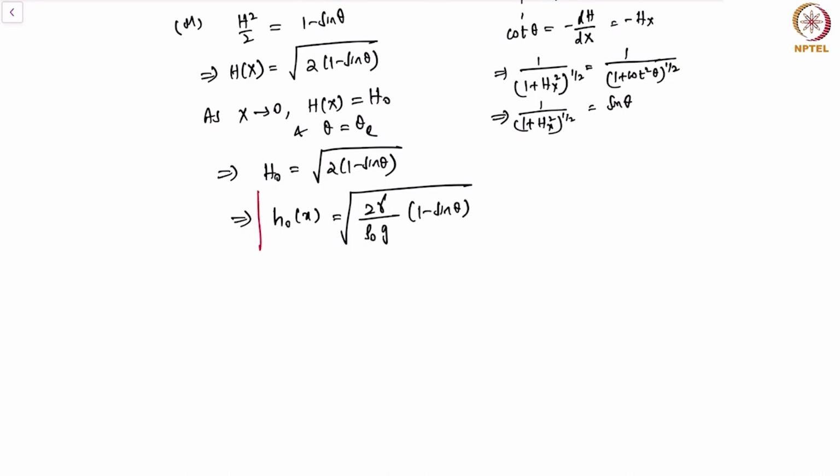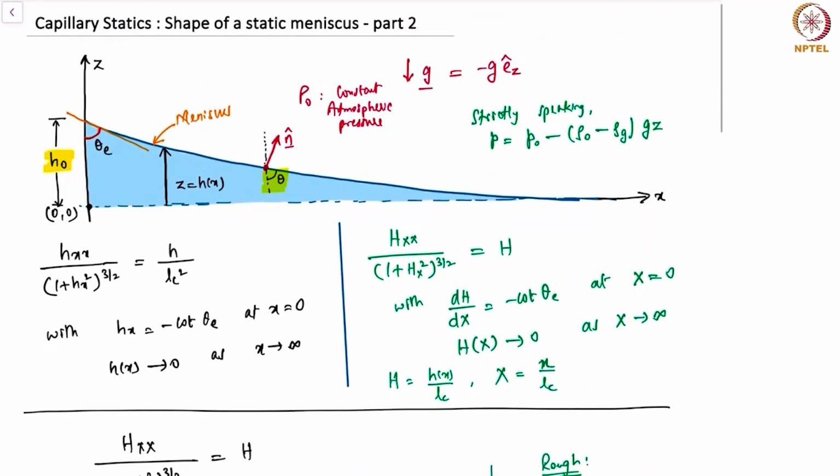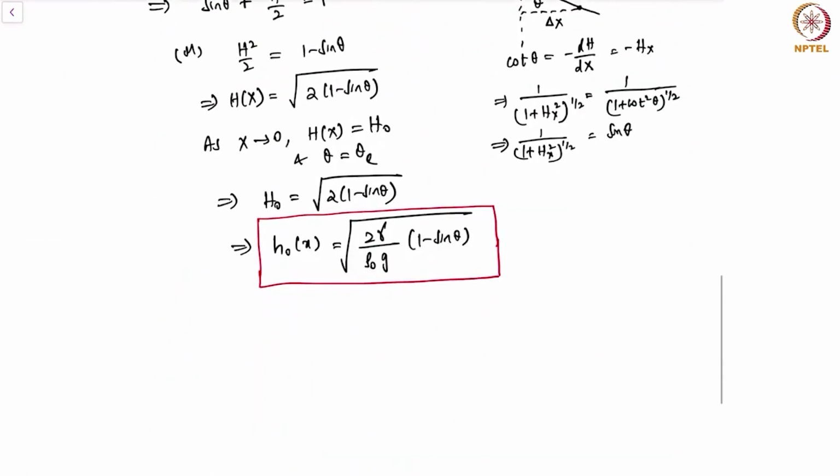So we now have the height to which the fluid has risen. The point at which the fluid makes contact, h naught, is now given completely in terms of capillary length and the contact angle at the wall, right? So let's call this equation 2.